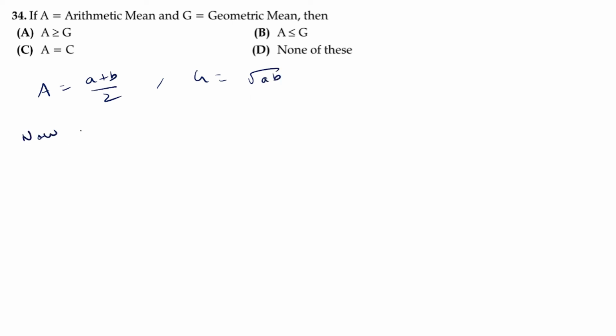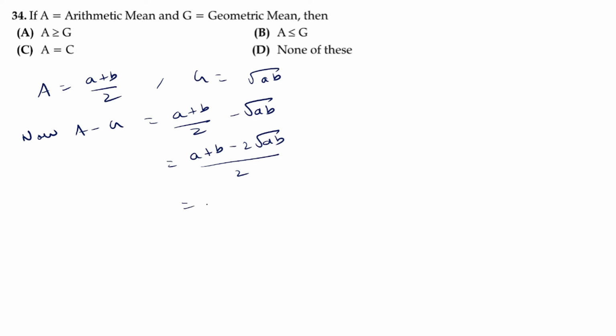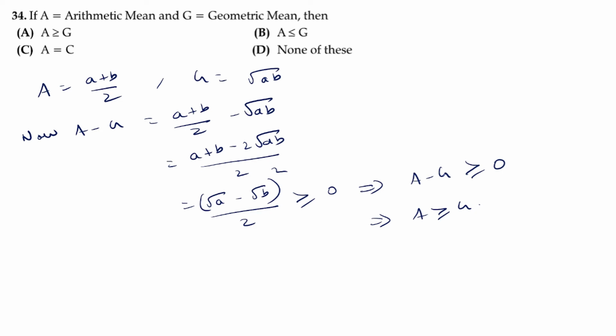Now if we consider A minus G, it is equal to (A plus B) by 2 minus root of AB, or it is (A plus B minus 2 into root of AB) upon 2. So this is equal to (root A minus root B) the whole square upon 2. Now this is greater than or equal to 0, which means A minus G is greater than or equal to 0, or A is greater than or equal to G. So the correct option is option A.